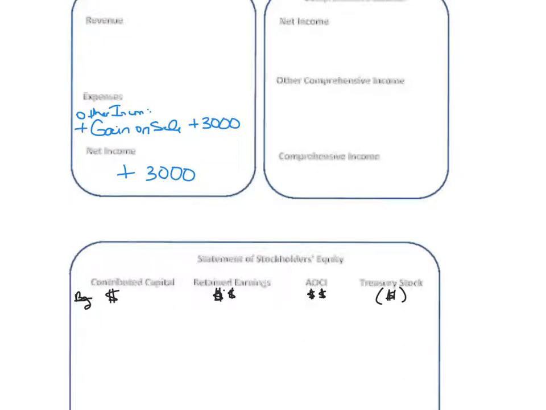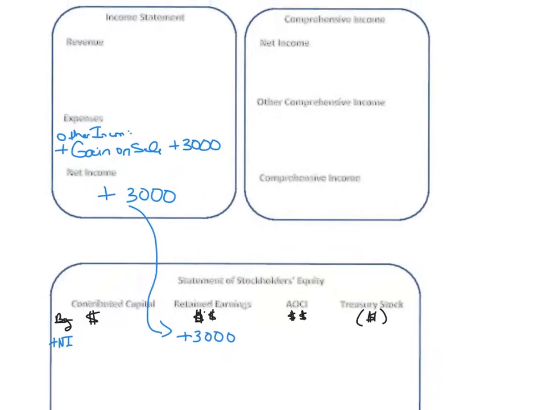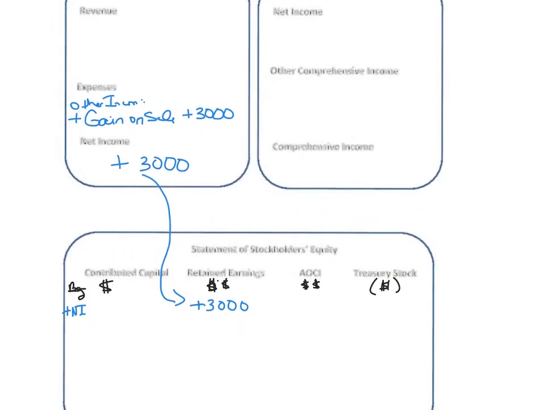So we know with this particular $3,000 gain, that's going to come into retained earnings through net income that comes down into the statement of retained earnings right there. That's how things on the income statement flow to the statement of stockholders' equity and end up in retained earnings and end up on the balance sheet, right, through retained earnings.